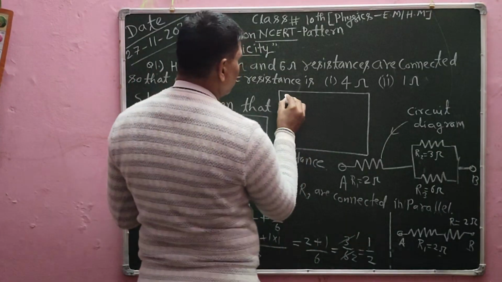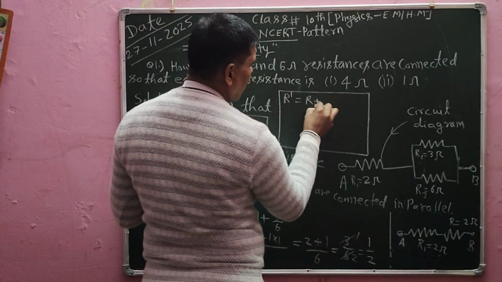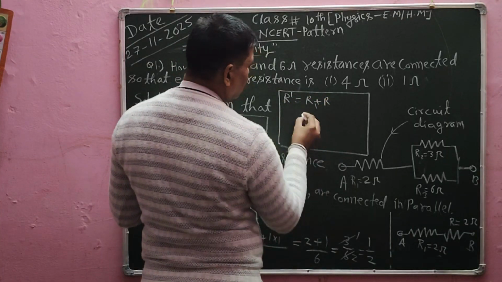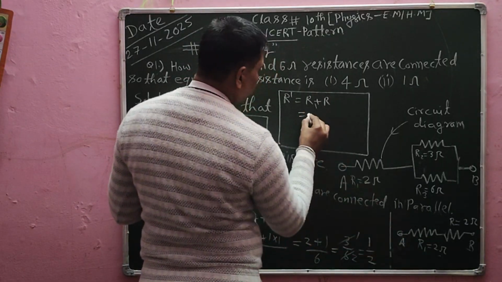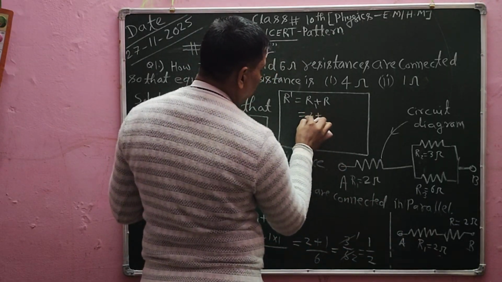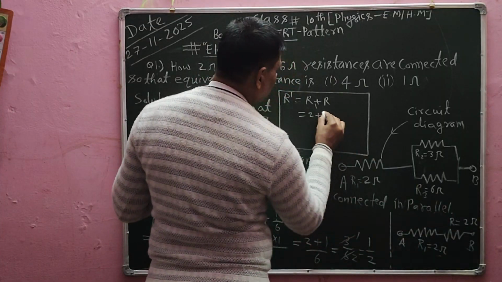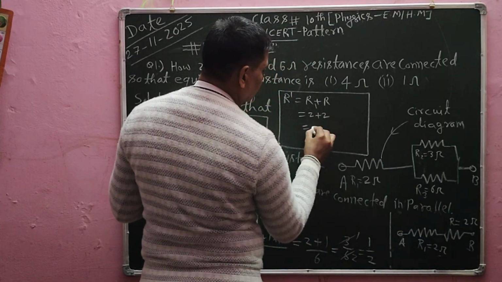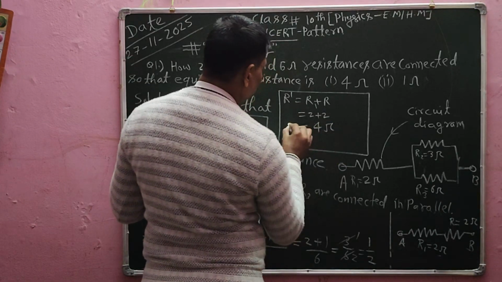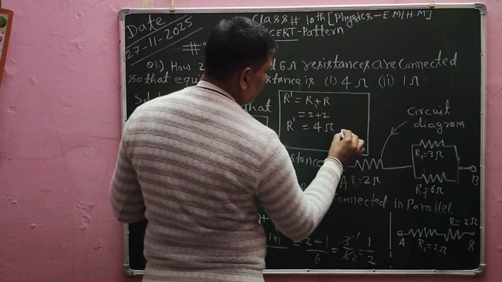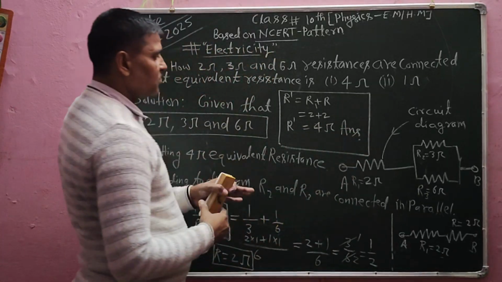So equivalent resistance R dash is equal to R1 plus R. Now the value of R1 is written here, 2 ohm, and the value of R is also available, 2 ohm. So after writing, 2 plus 2, that is 4 ohm. I have written here 4 ohm, that is the equivalent resistance.